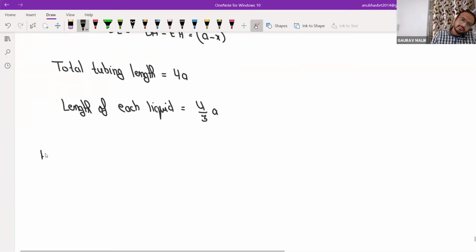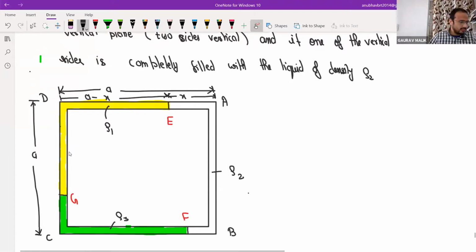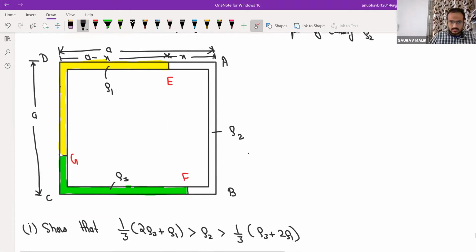Now for liquid 1, E to G. This E to G is equal to, tell me the value of EG.